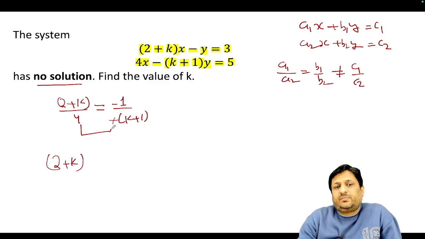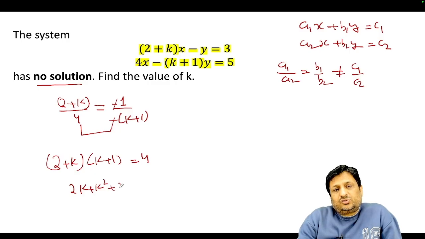I can cancel the minus sign with minus sign. The k plus 1 must be equal to 4. And in that case, I will get 2k plus k square plus 2 plus k must be equal to 4. I am getting a quadratic equation from here, which is k square plus 3k minus 2 equals 0.